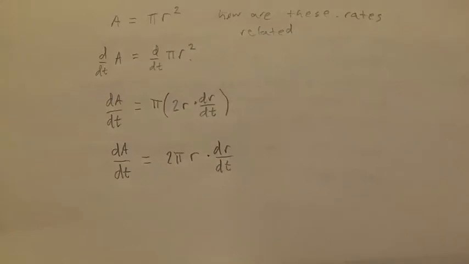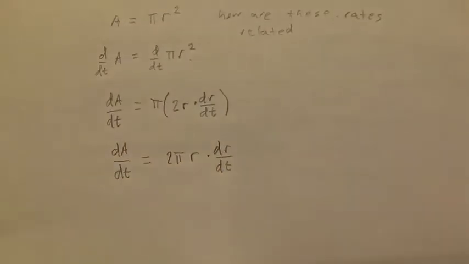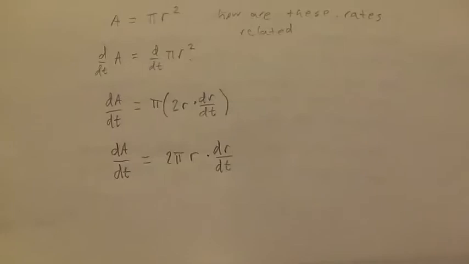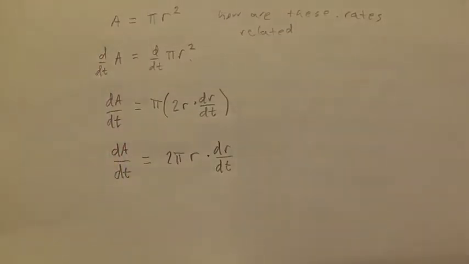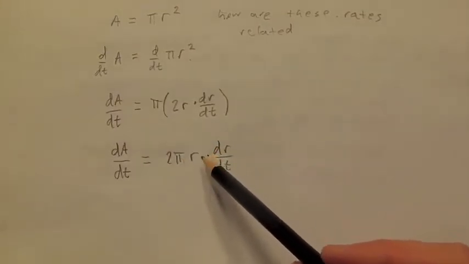Now, since we have this radius in here, we'll note that even if the radius increases at a constant rate, say it always increases at 2 feet per second, the rate of the area is not going to be constant, because we'll have this thing increasing as well.